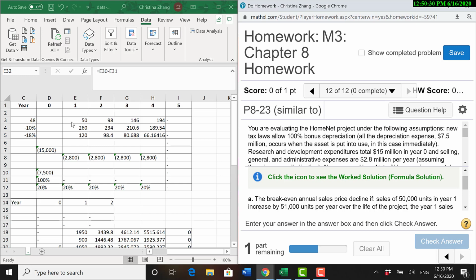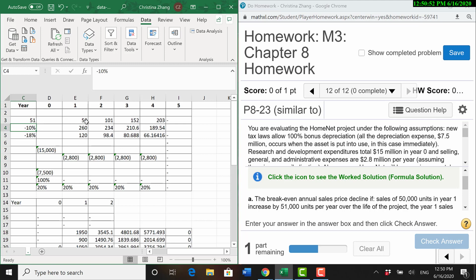So first things first, I have 50,000 units in year one, so that's the number of units sold. And then they increase by 51,000. The first column under the year is where I put the changes. So I'm saying it's going to be 51,000 changes.